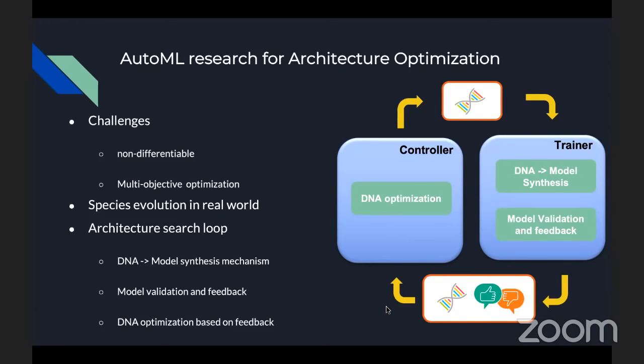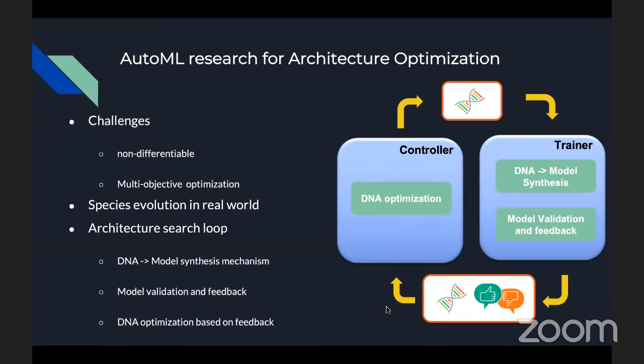We call it model synthesis, meaning the DNA itself is a sequence of information, but based on this information, can we build or synthesize a model? Like based on the human DNA, we can synthesize a human, materializing the DNA into an object. And here the object is a model.